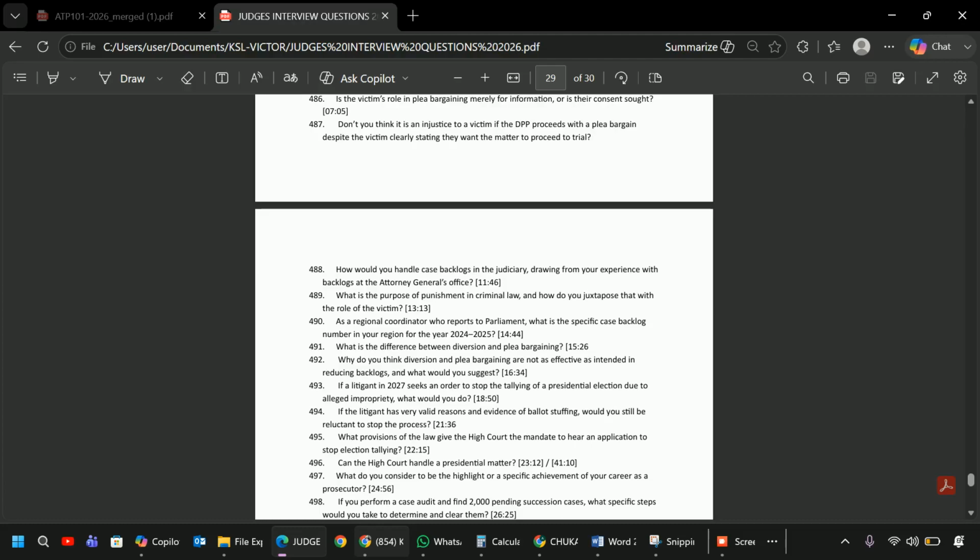As to when each is preferred, diversion is preferred for low-level offences, first offenders, juvenile or vulnerable persons, and restorative justice cases, while plea bargaining is used where evidence supports guilt but parties agree on reduced charges or sentence position, including serious offences where diversion is inappropriate.